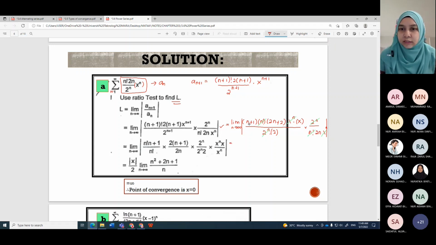Okay, so yang mana yang tak ada melibatkan n, kita bawa ke depan lah. Yang mana yang tinggal x. So tinggal kat sini x over 2 lah. So akan dapat x over 2. Limit. Akan dapat yang ini lah.